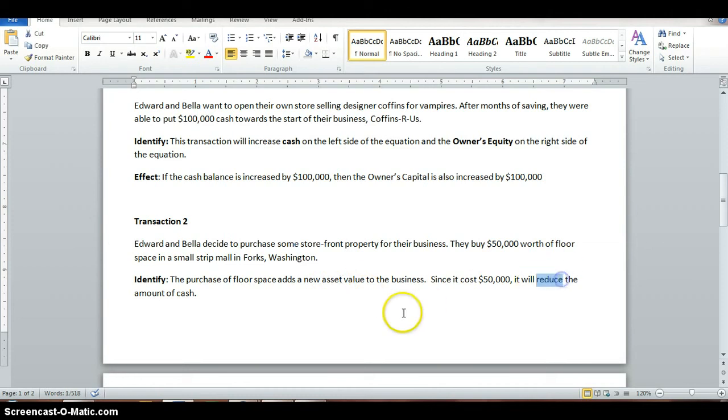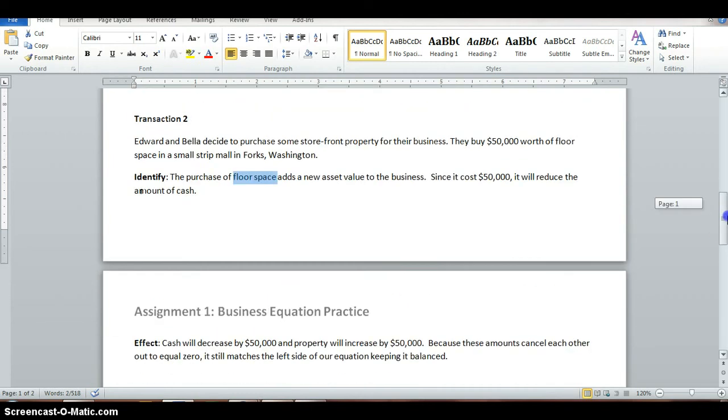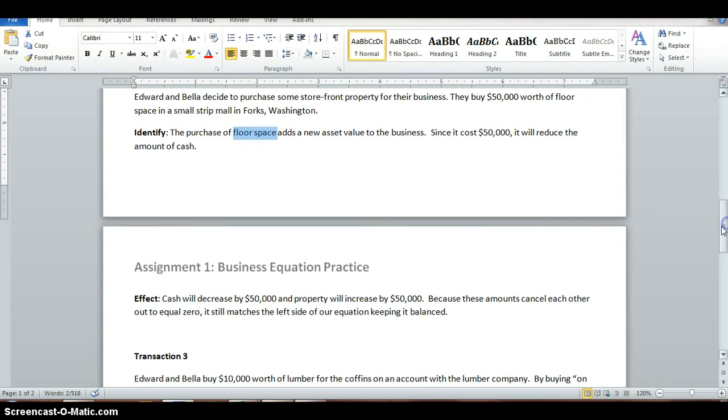Our cash will decrease by $50,000, and our floor space, that's considered property, so our property is going to increase by $50,000. We're taking that money out of cash and putting it towards property.